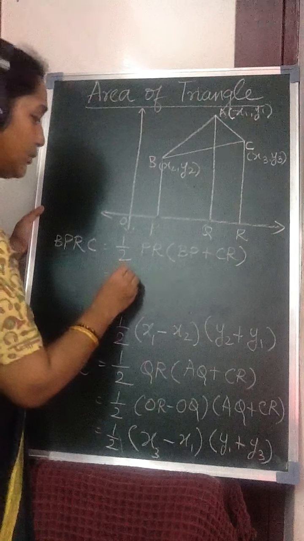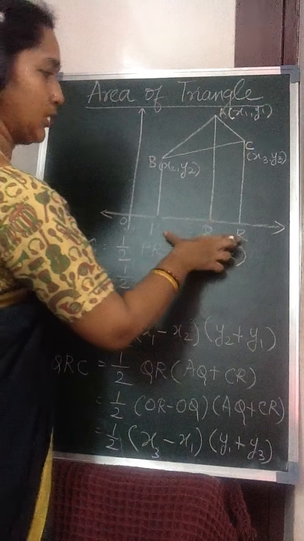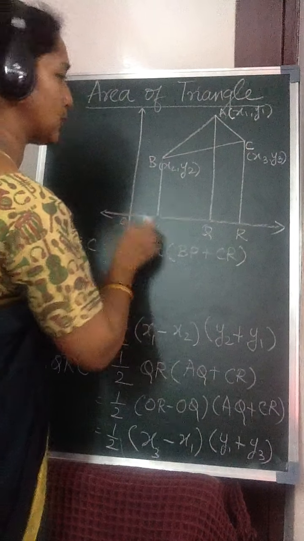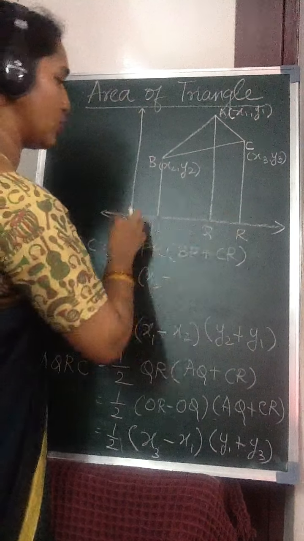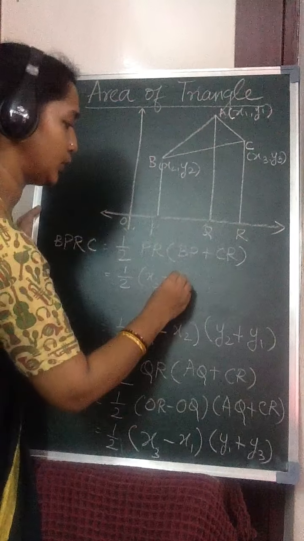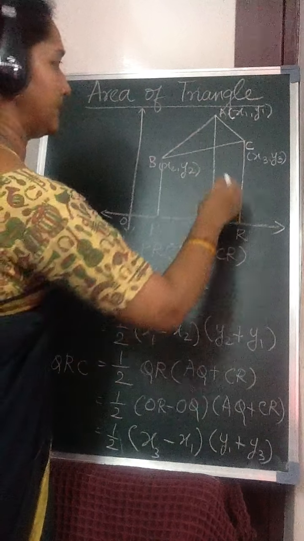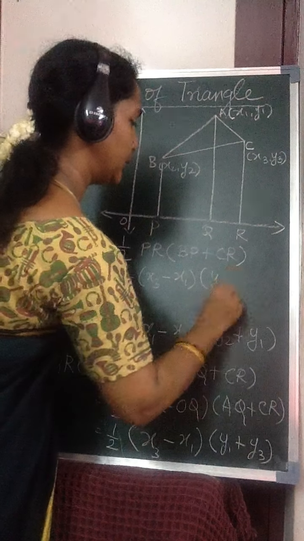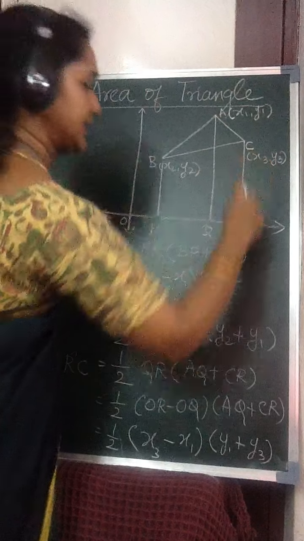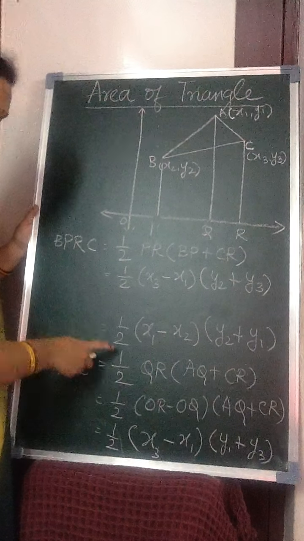So that is equal to half into PR, which is OR minus OP, that is x3 minus x2, into BP plus CR. Length of BP is y2, CR length is y3. So now you got three trapeziums.